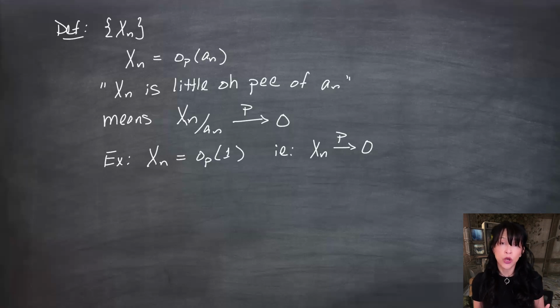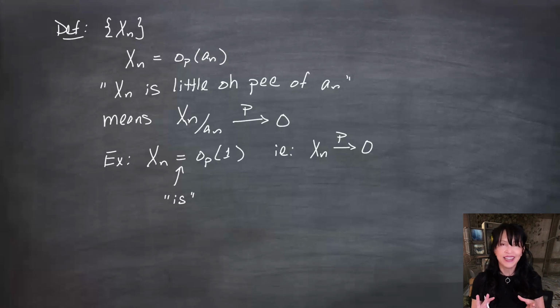You may have seen little o notation in other parts of analysis without the subscript p. You might have seen little o and big O functions or terms. If you haven't, that's okay. We're kind of doing it from scratch here, but this is a probabilistic version of what you may have seen before. So when I want to say plus a term that goes to 0, I'm going to write something like this. And this equals is kind of misleading. You really need to read that as "is".